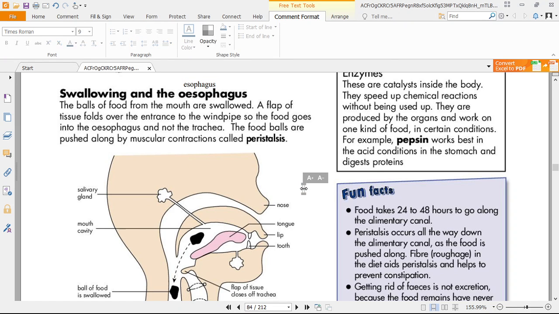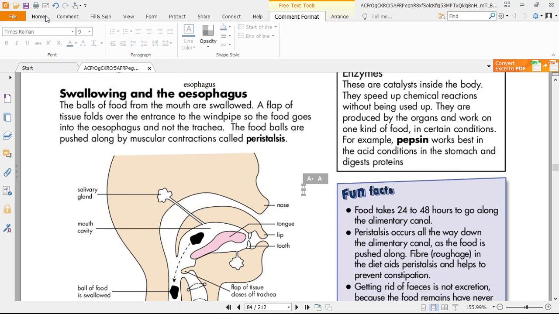We see the Americans using that term a lot, the esophagus. Now, swallowing: the ball of food from the mouth is swallowed, right? A flap of tissue folds over the entrance of the windpipe so the food does not go into the trachea, right?